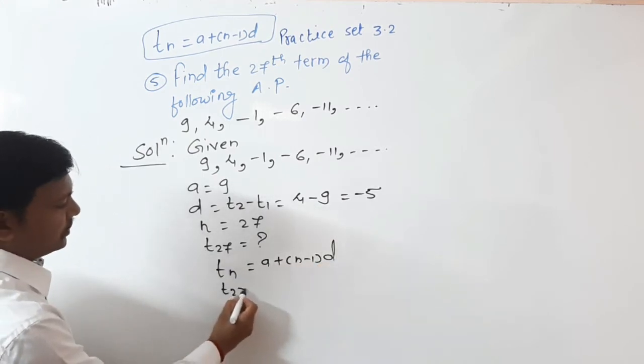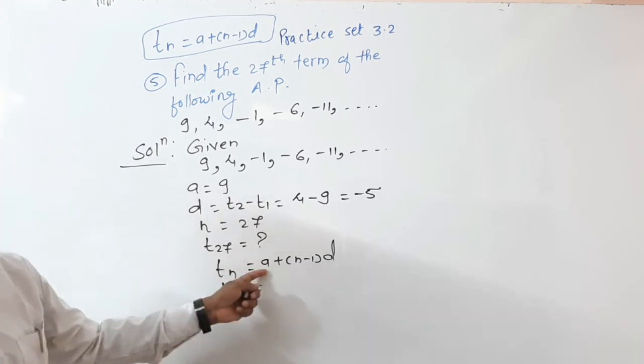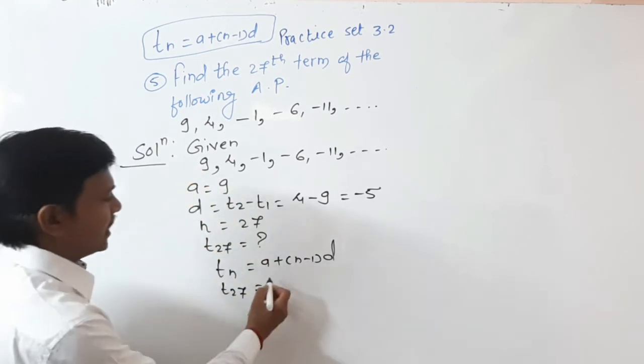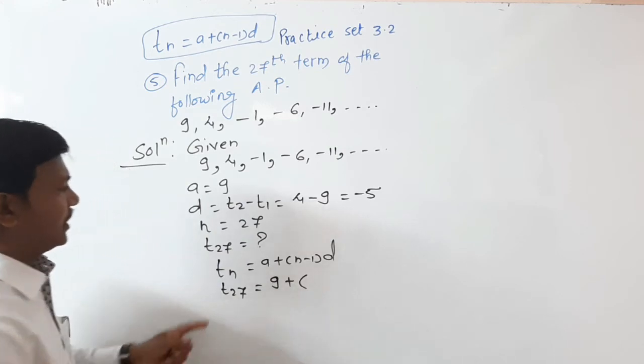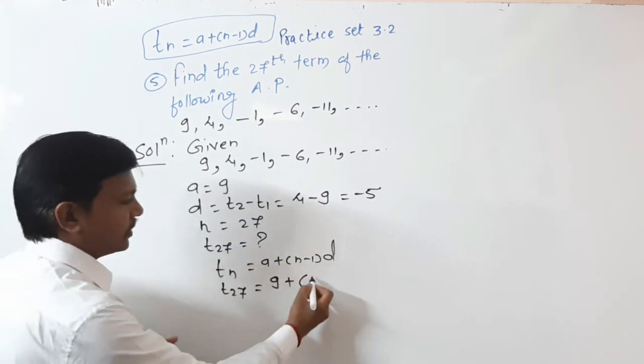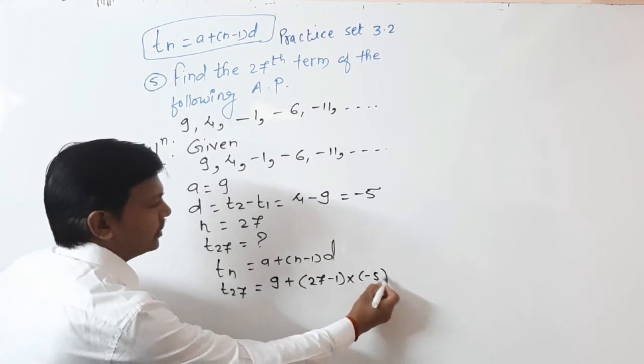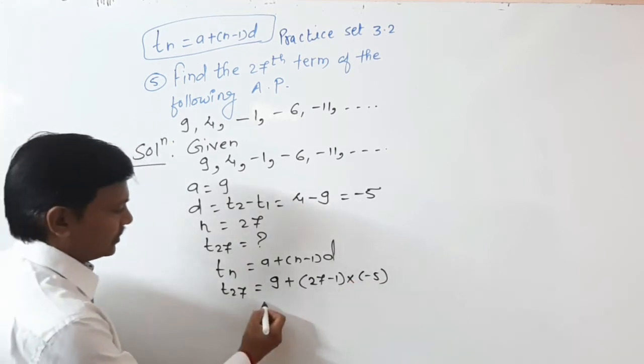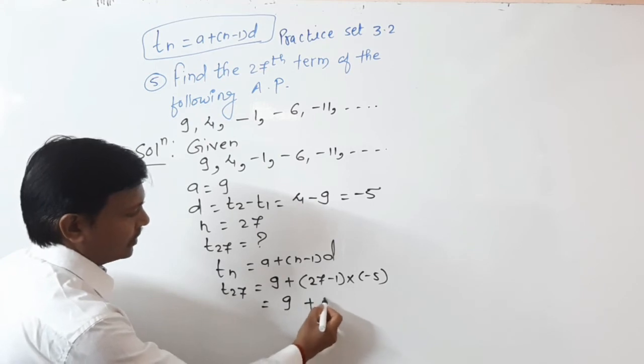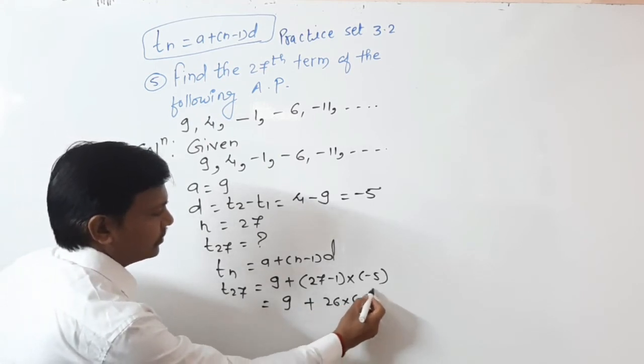So T27 equals a, that is our first term 9, plus n is 27, so 27 minus 1, into d, that is minus 5. So 9 plus 26 into minus 5.